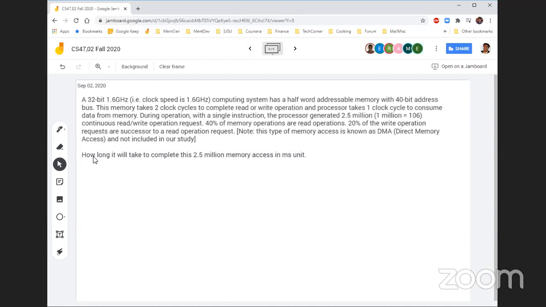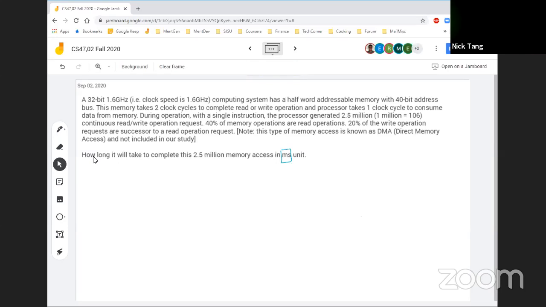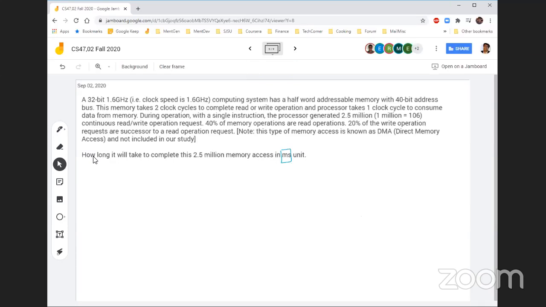A couple of things you need to take out from this problem, or at least start highlighting. One important part is that you need 2 clock cycles for completion of a read and write operation.